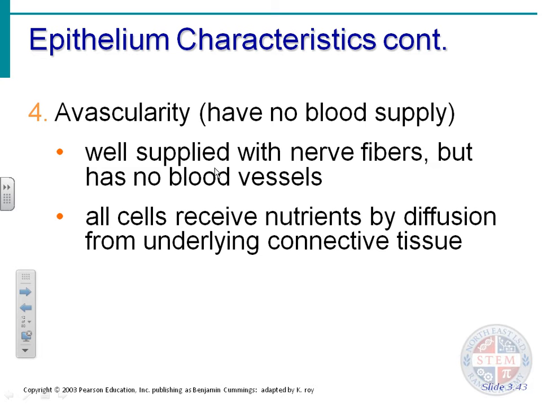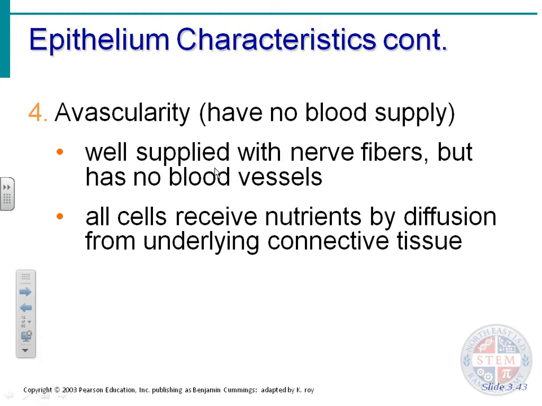Another characteristic of epithelium is that it is avascular. Avascular means that it has no blood supply. This is why you can scratch your skin and you really don't bleed. The vessels that have blood in them are very low, deeper down in the tissue, and the epithelium is avascular. It's a good protective mechanism so that every time you get scratched you don't bleed to death.